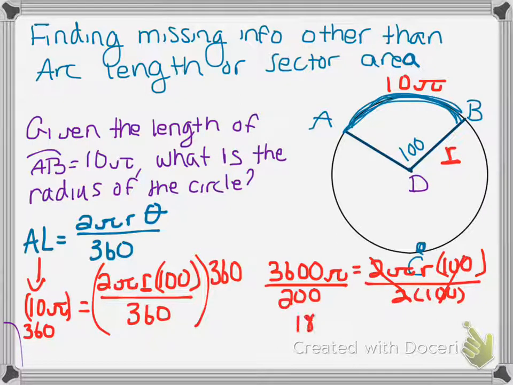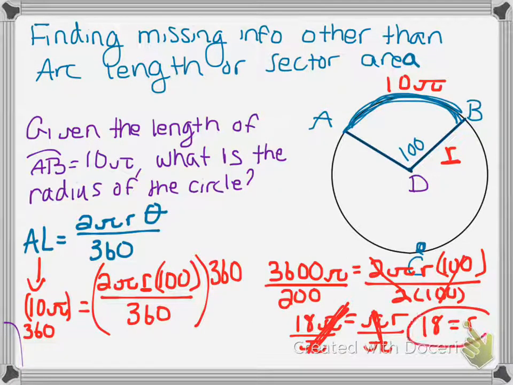Now I have 18 pi equals pi r. I'm almost there, but I've got to get r by itself, so I'm going to divide both sides by pi. Pi divided by pi cancels out, and I'm left with r equals 18. So my radius is 18. Once you plug into the formula, all you're doing is algebra.